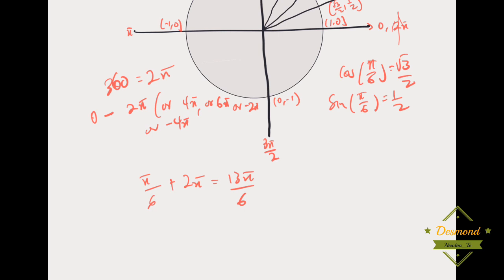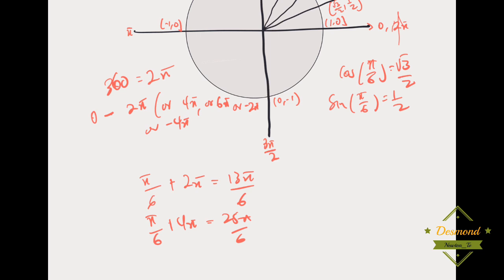So you start at pi on 6, then rotate once around counterclockwise. Then pi on 6 plus 4 pi is equal to 25 pi on 6. Starting at pi on 6, then rotate around twice counterclockwise.